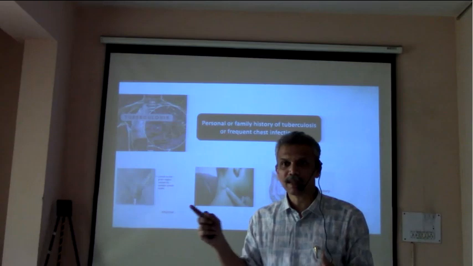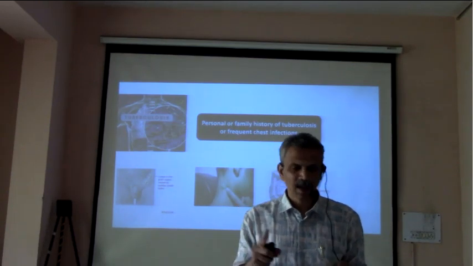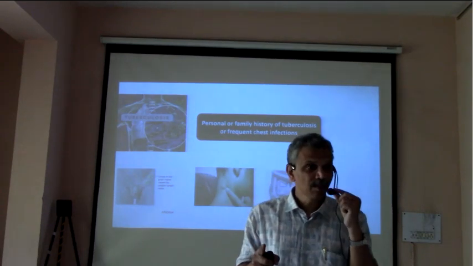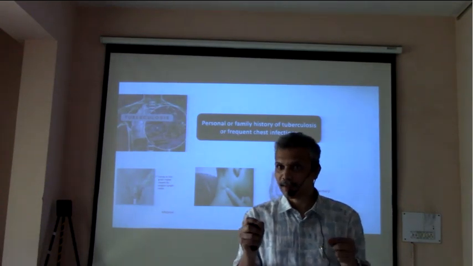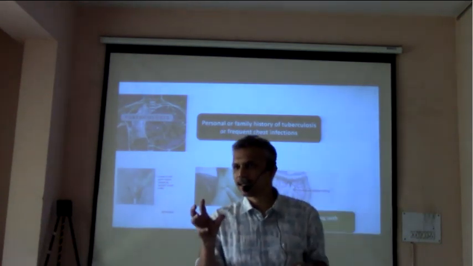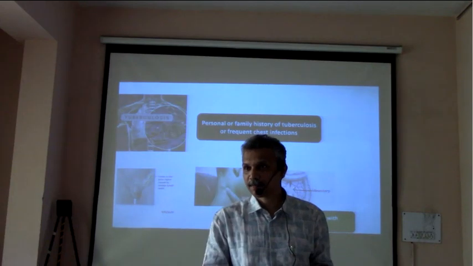Third thing we saw is family history or past history of tuberculosis. And fourth thing, enlarged gland or glandular affections with exhaustion. Fifth is when there is a history of ringworm infection.